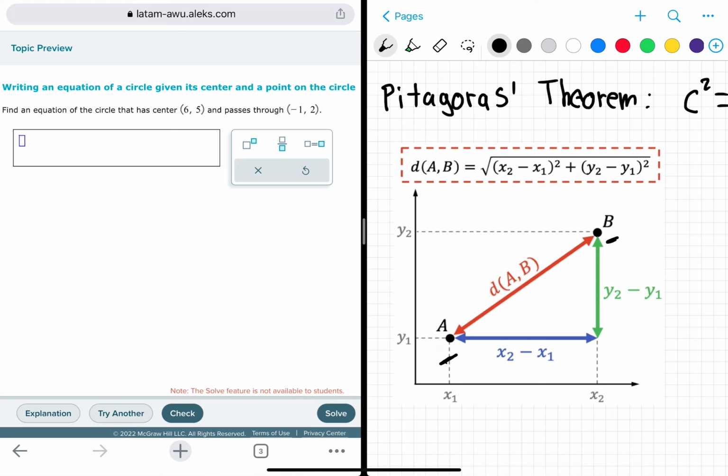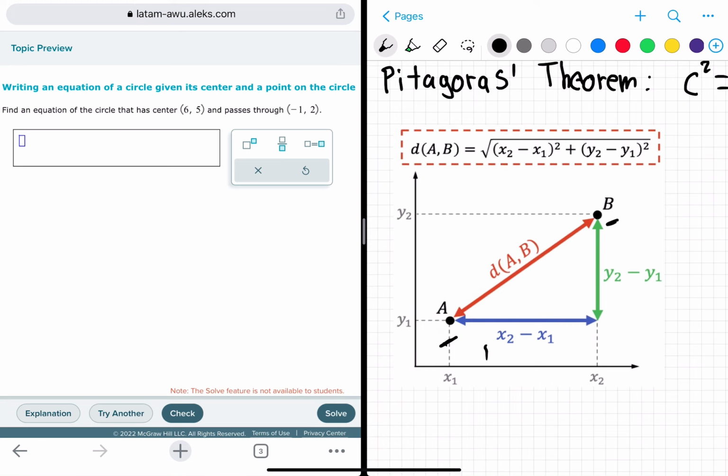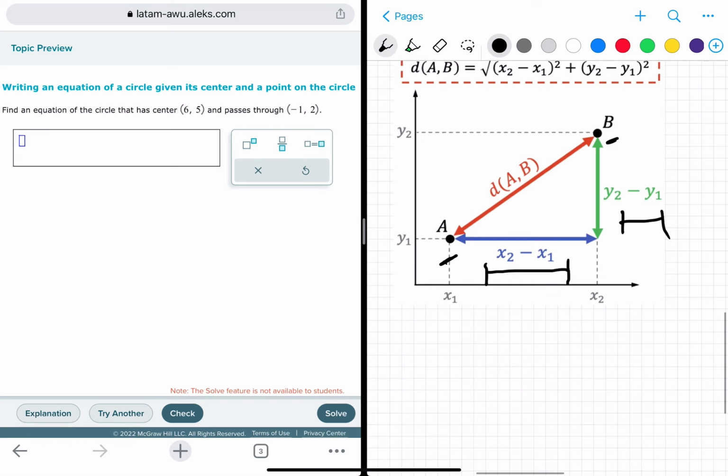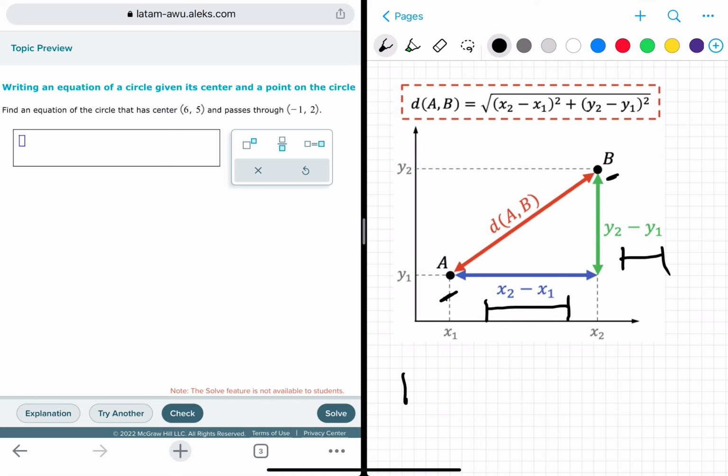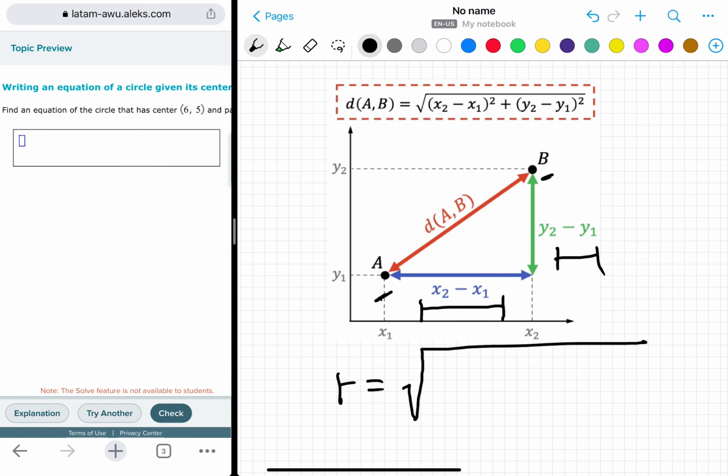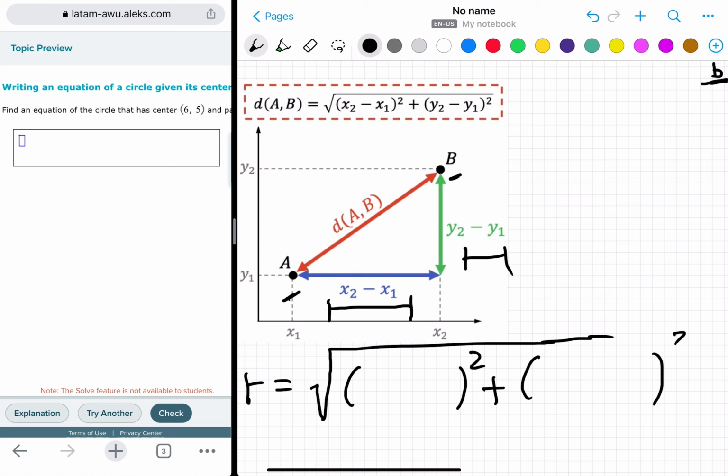The distance is gonna be given by x squared plus y squared. The radius is the square root of x squared plus y squared.